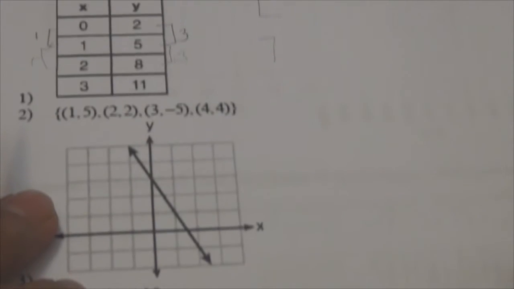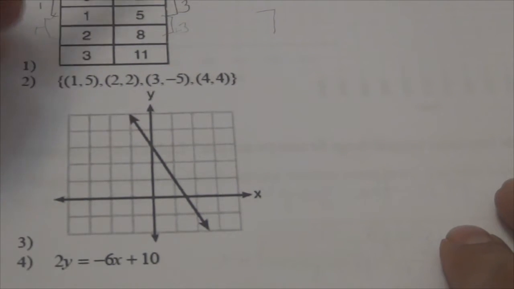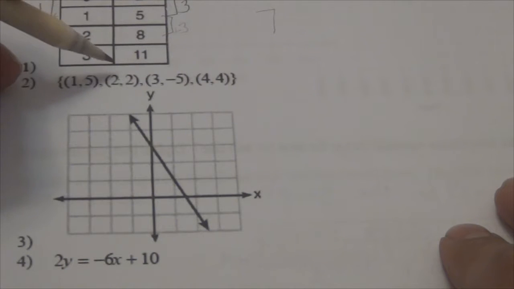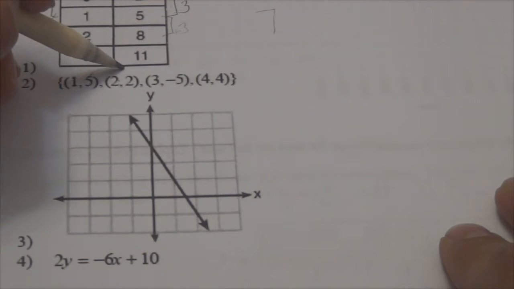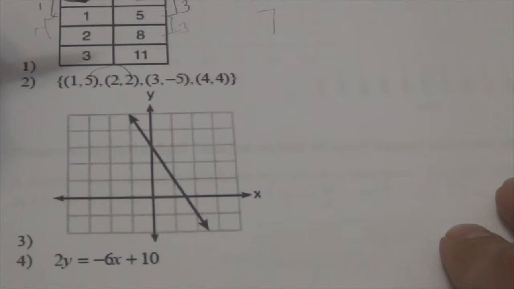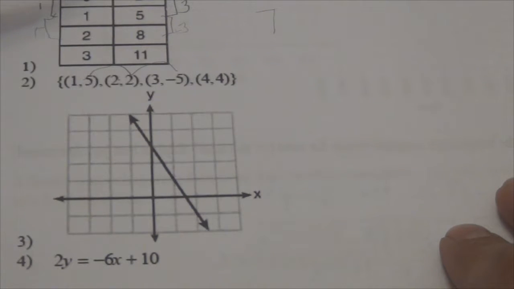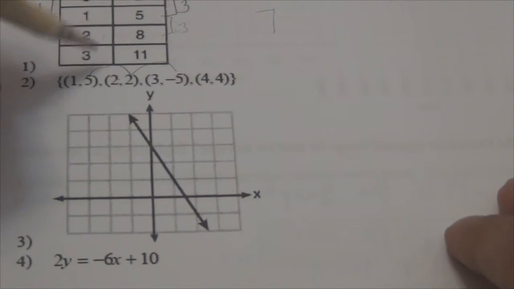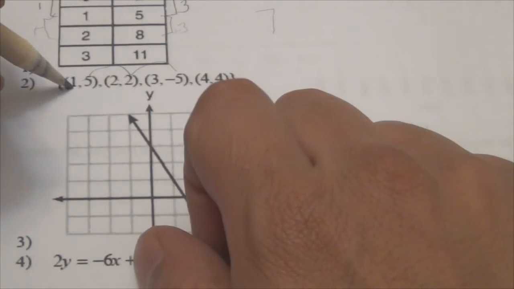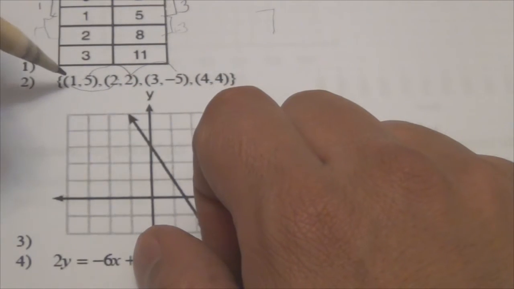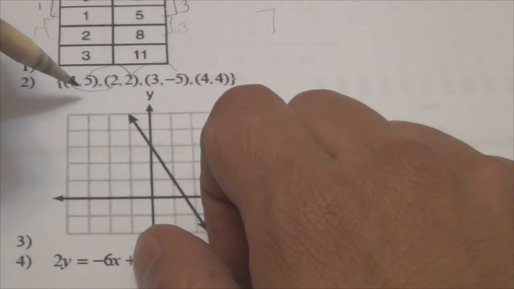Alrighty, let's take a look at these points. From 5 to 2 it decreased 3. Alright. From 2 to -5 it decreased 7. So no, because look, this is 3 over 1. It increased by 1.